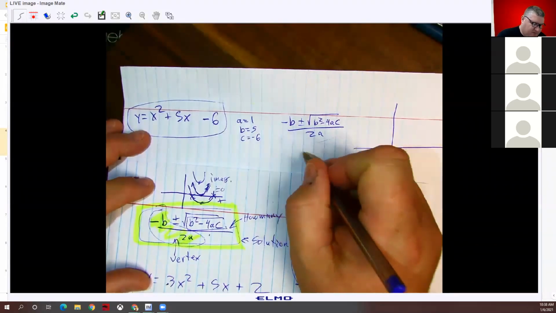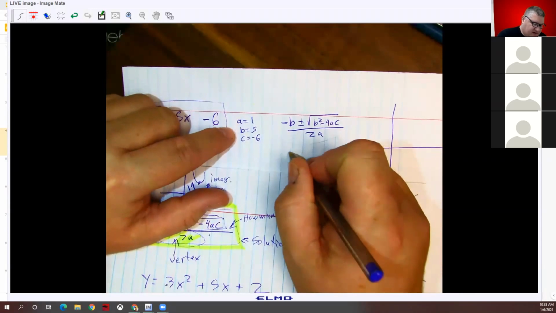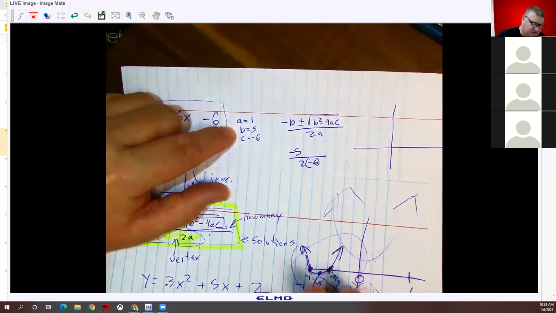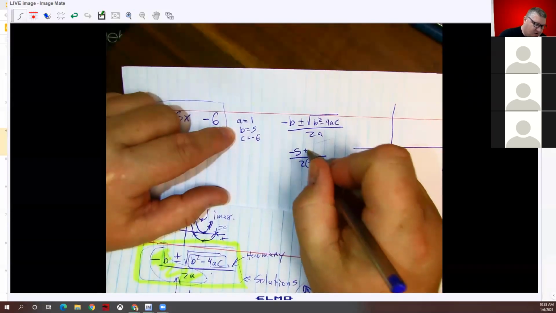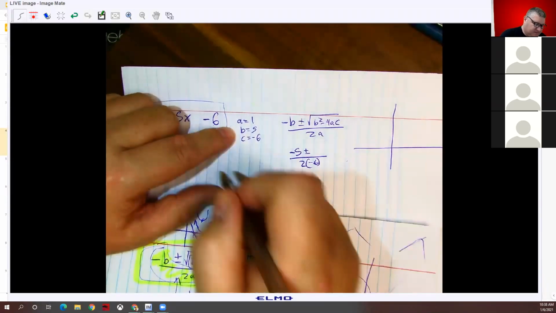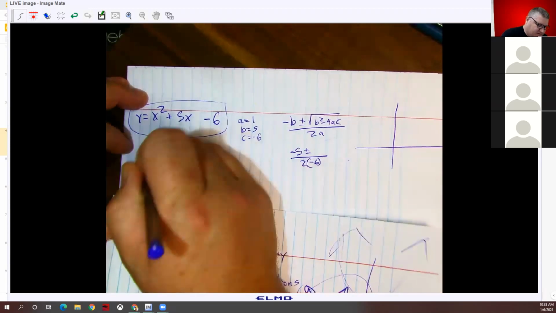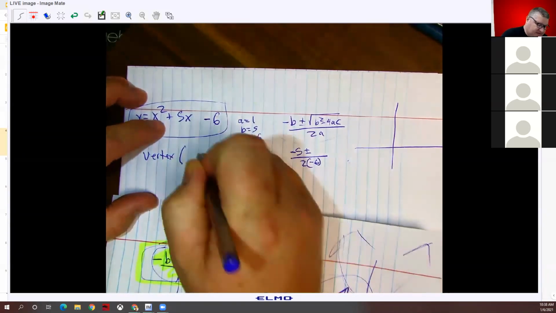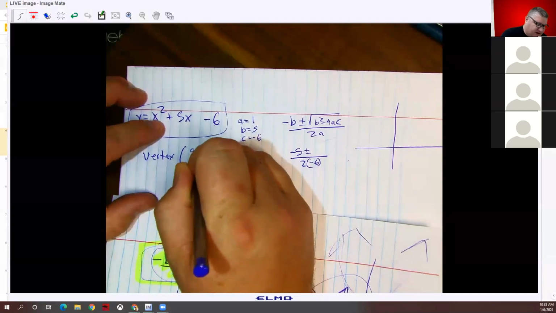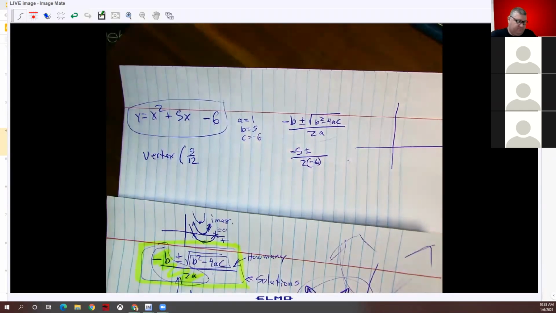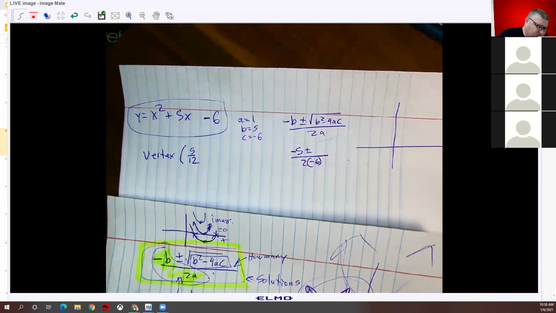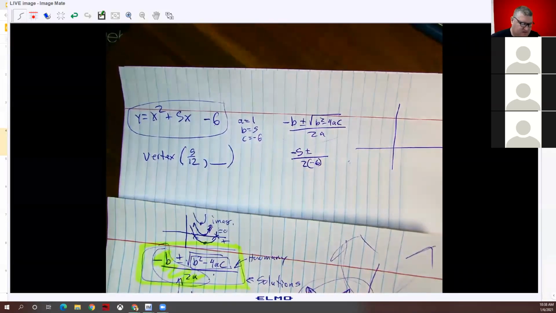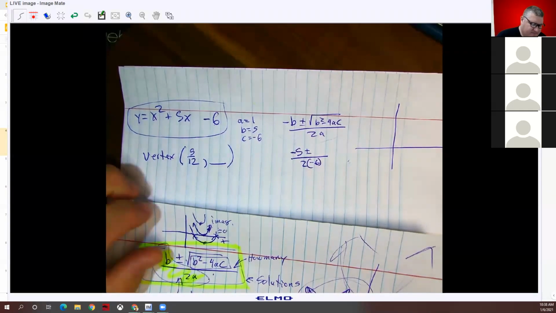So if I plug it in, negative 5 over 2 times negative 6, I already know that my vertex is going to happen at 5 over 12. What I don't know is how high or how low it is yet. I'm going to have to plug that in.